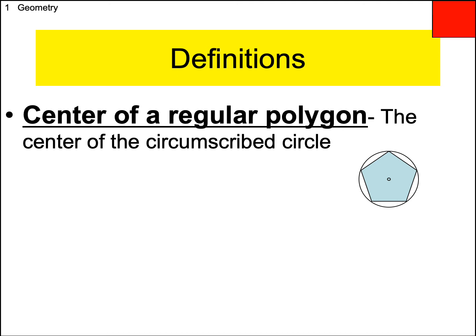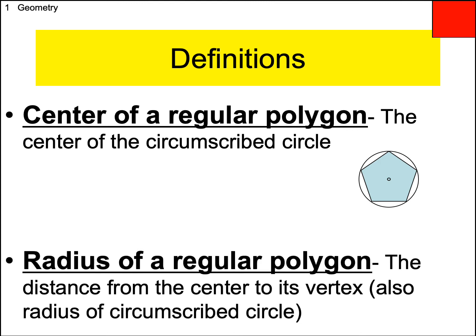Notice there's a pentagon inscribed inside that circle, or there's a circle that circumscribes that pentagon. So the center of the pentagon is exactly the same as the center of the circle. So there's your first definition. You may want to play that a couple times to wrap your head around what's going on there.